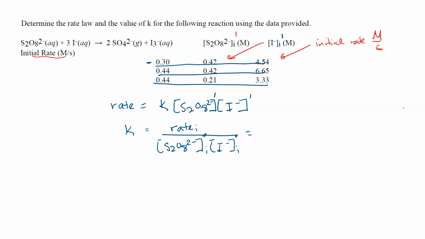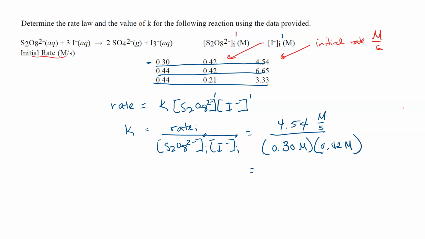Let's see, the rate for the first is 4.54 moles per liter per second, over 0.30 moles per liter times 0.42 moles per liter. And we can just solve this.